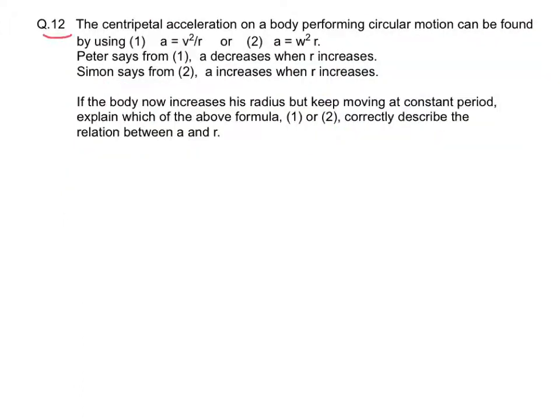Question number 12. The centripetal acceleration on a body performing circular motion can be found either by using the first equation, a equals v squared over r, or the second equation, a equals omega squared r. Peter says from 1, a decreases when r increases.